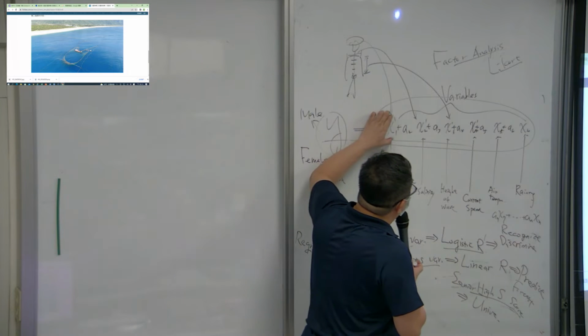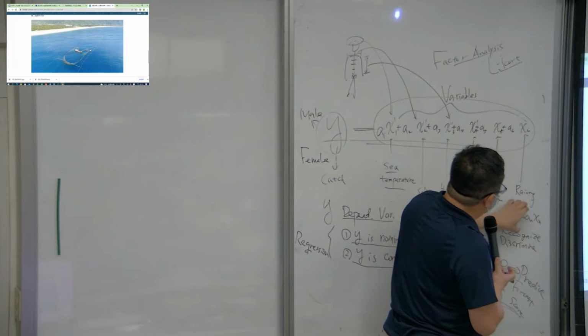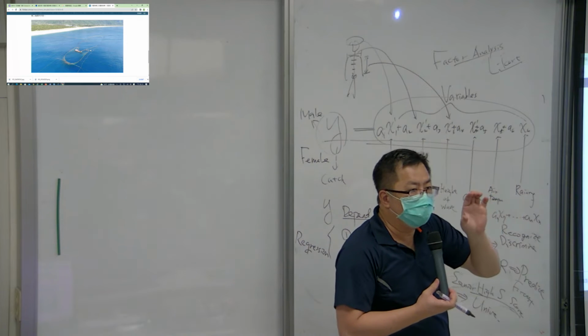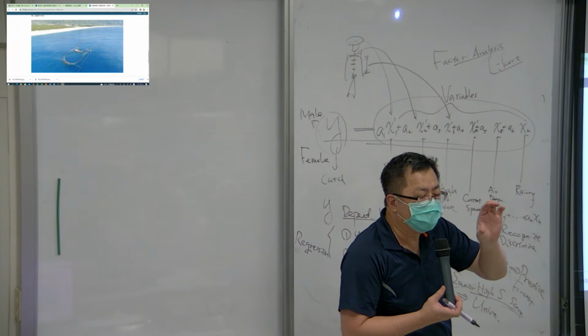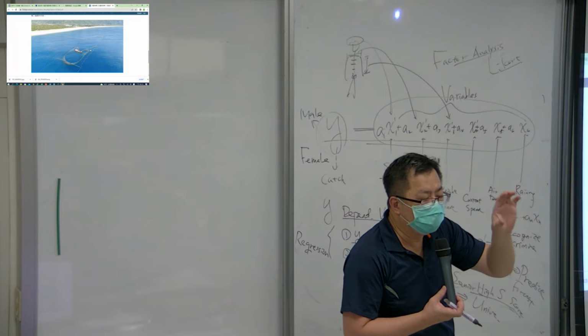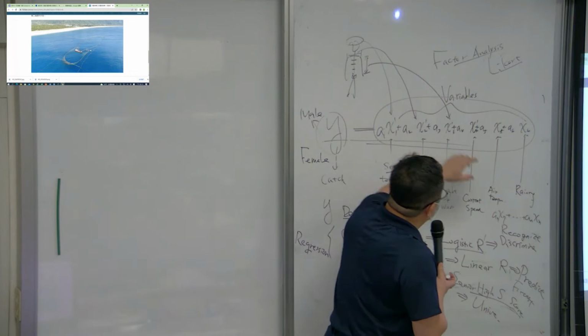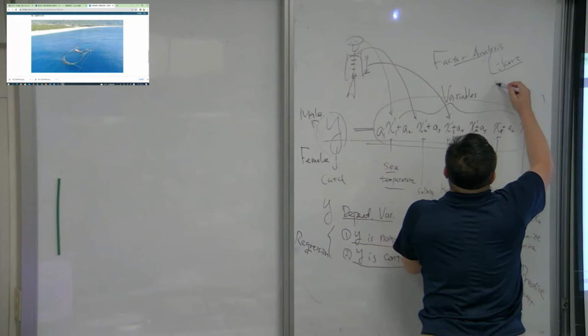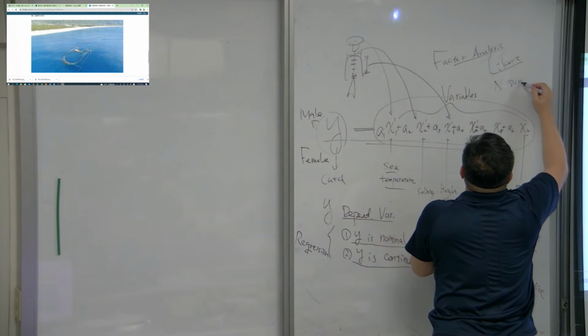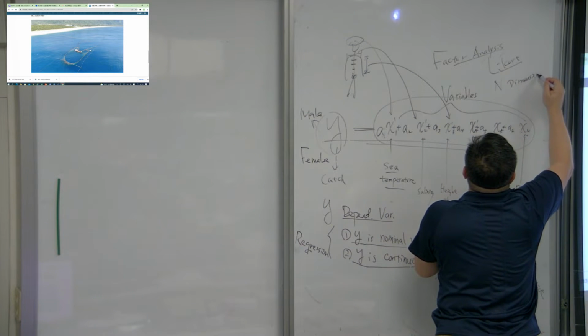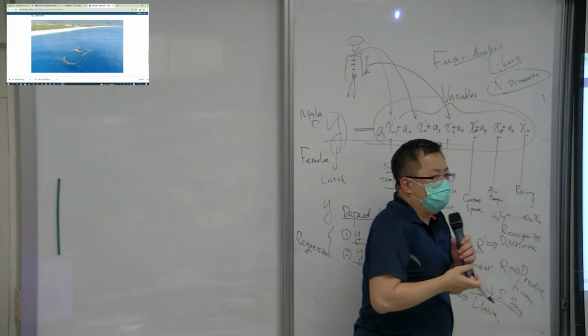Suppose all the variables are independent, then we will have n dimensions.